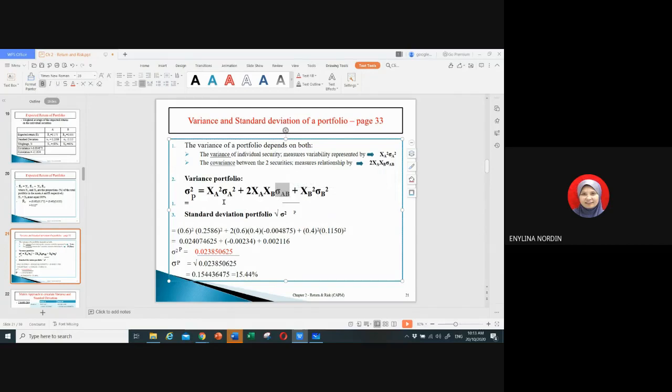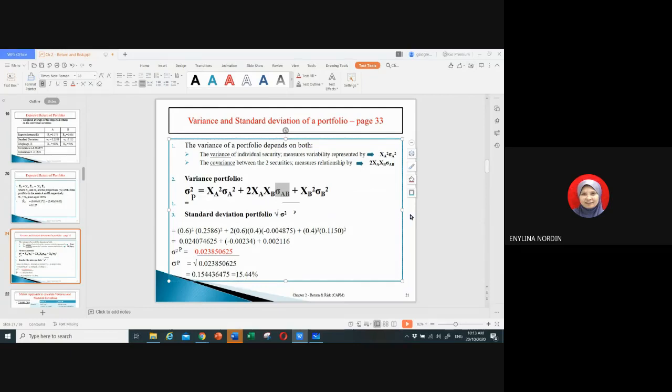So we cannot simply take weightage in stock A multiplied by standard deviation of stock A plus weightage in stock B multiplied by standard deviation of stock B. Cannot. We have to include the middle portion here. So that's why the variance formula of the portfolio seems longer than the expected returns formula of the portfolio. Be careful there.